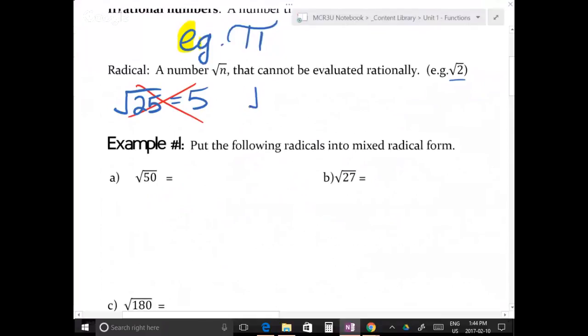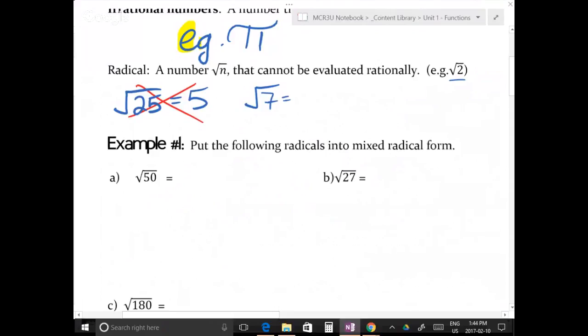What about the square root of 7? Can you take the square root of 7? See what you get. And does it keep going?